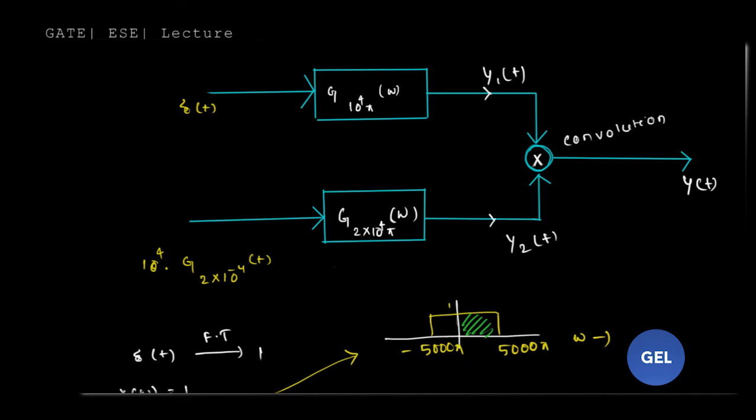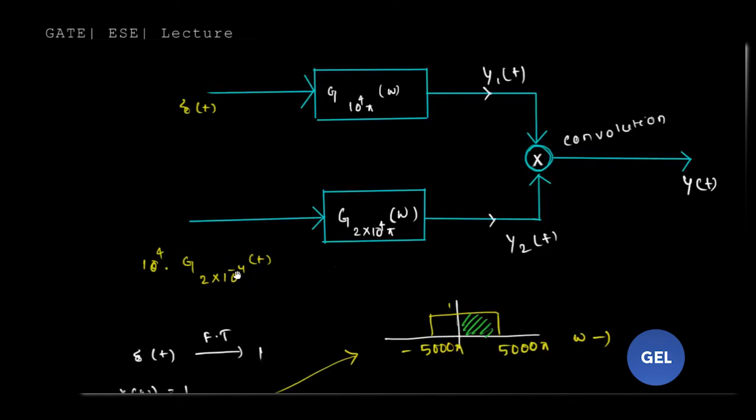So in the second case, I can write down 10 to the power 4 g of 2 into 10 to the power minus 4 t. I think this is the question, no? 2 into 10 to the power minus 4 t, 10 to the power 4, right? Now this is your x1 of t.